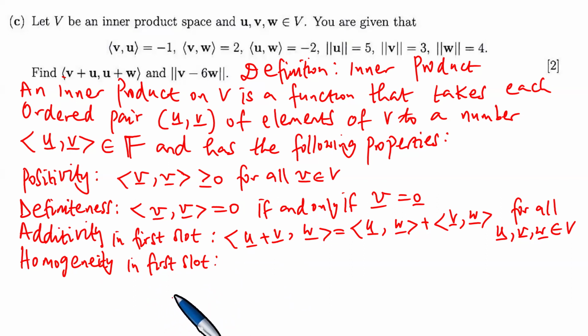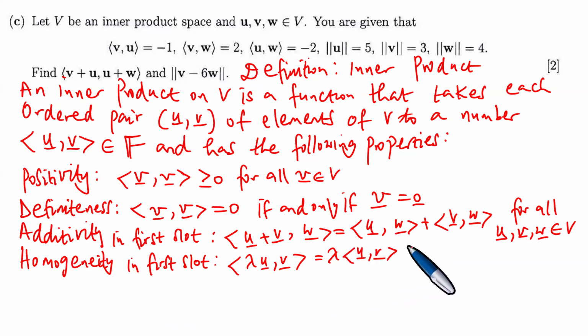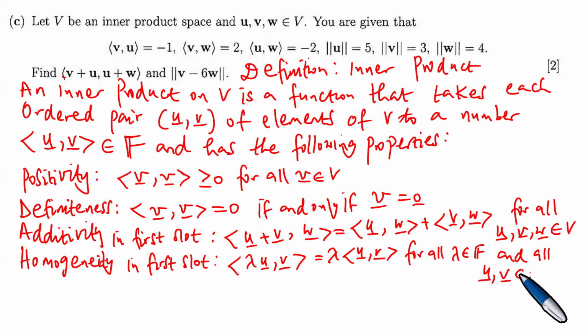Homogeneity in the first slot means that if you have the inner product of lambda u and v, you can pull lambda out of the first slot, and this becomes lambda times the inner product of u and v. This is for all lambda in F and all vectors u, v in the vector space.